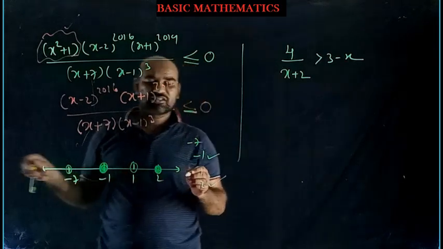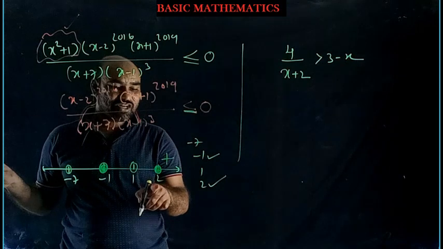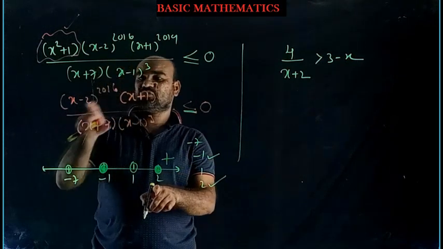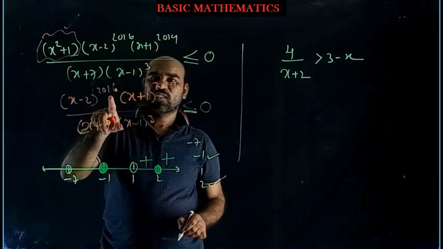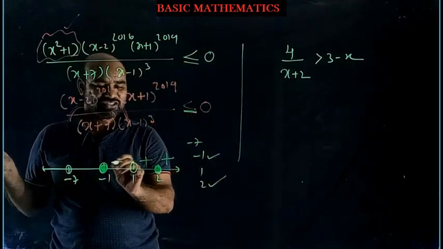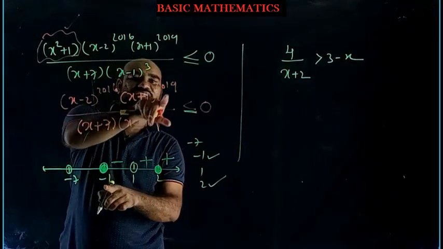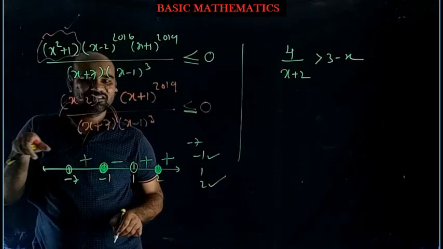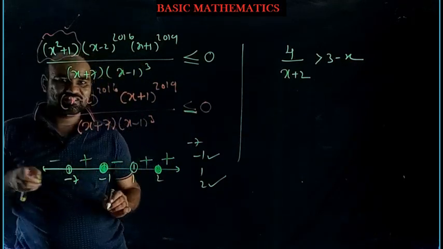So the wavy curve method says that you write plus or minus depending upon the exponents. The x minus 2 exponent is even, 2016 is even, so it is plus. Next, the x minus 1 exponent is odd, so the sign will change. The x plus 1 exponent is odd, so the sign will change. The x plus 7 exponent is odd, so the sign will change. What do you want?